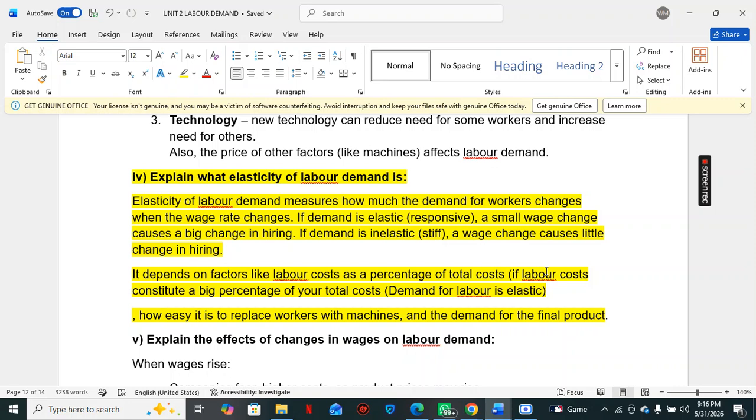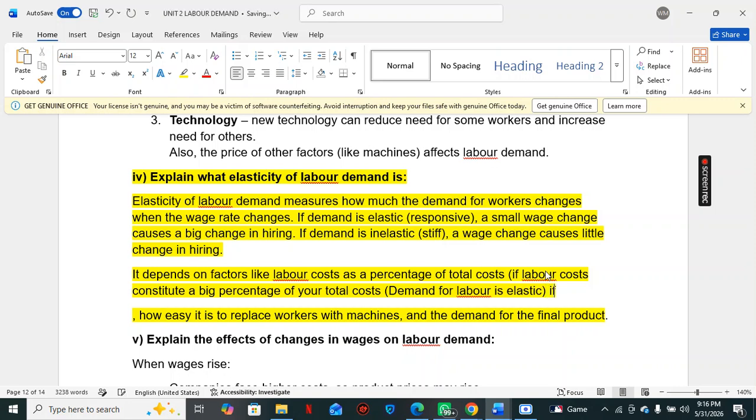But if your labor costs form a small percentage of your total costs, even though the wage rate increases by 1%, your total cost won't increase by a big amount. So you can still maintain the workers. You might even hire a few more.